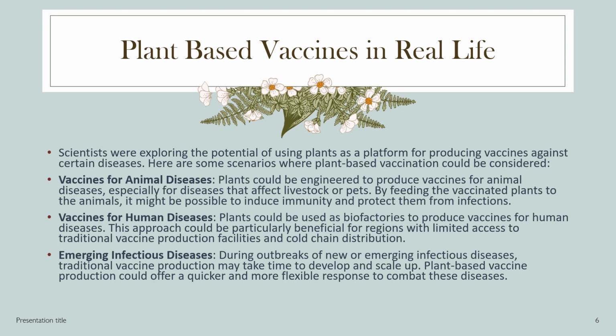And because plants could be used as biofactories to produce vaccines, I think this would be really great for regions that have limited access to traditional vaccine production. And as for the emerging infectious diseases, as we currently see with COVID and all its new variants constantly evolving, I feel like it would be great for us to put more research into plant-based vaccines, since they could eventually offer a quicker and more flexible response to combat these new diseases.